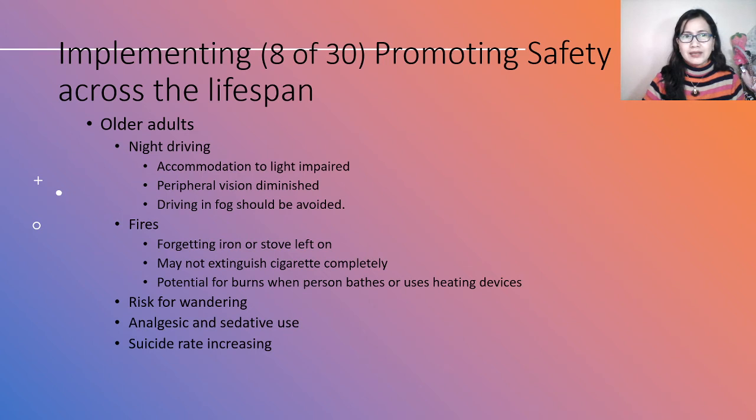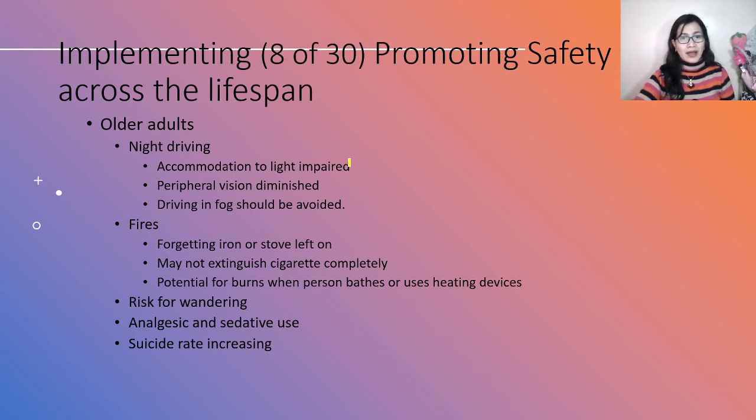How about older adults? If they were driving before, night driving becomes a challenge. Accommodation to light gets impaired, and peripheral vision is diminished. Driving in fog, with zero visibility, should be avoided.